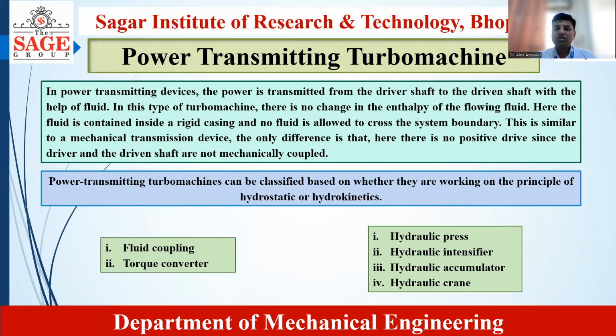When the machine works on the principle of hydrokinetics, there is a continuous movement of the fluid. There are two examples of devices which work on hydrokinetics, that is fluid coupling and torque converter, and there are various other devices which work on the hydrostatic principle. We have to learn four here: hydraulic press, hydraulic intensifier, hydraulic accumulator, and hydraulic ram.